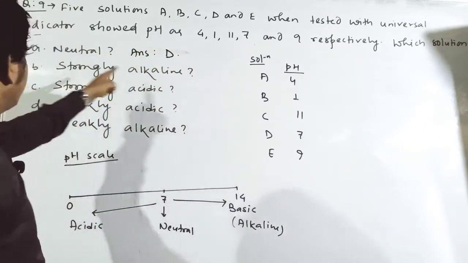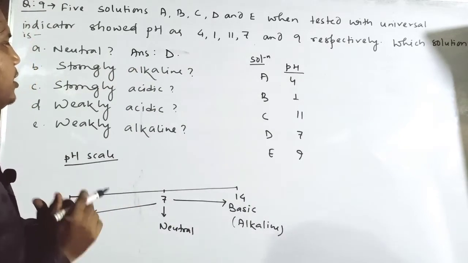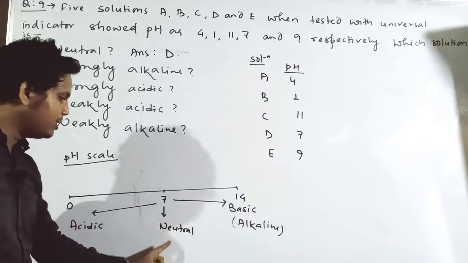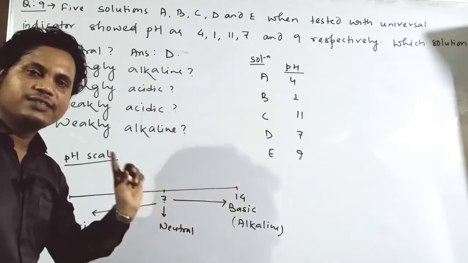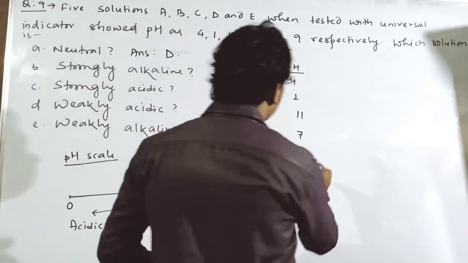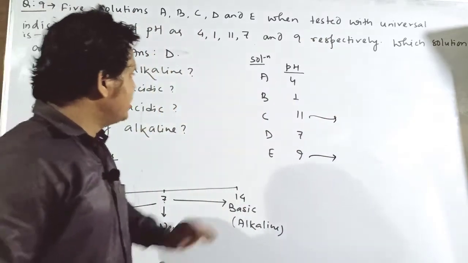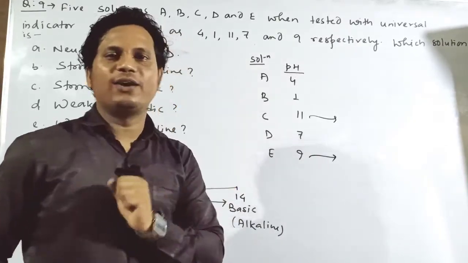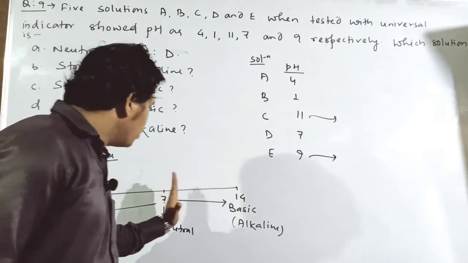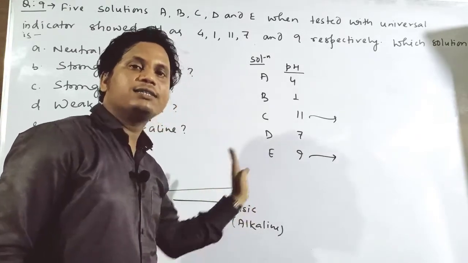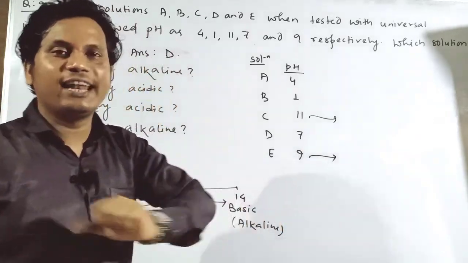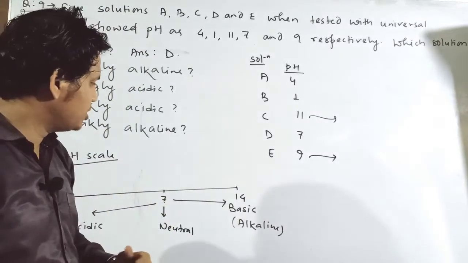Okay. Strongly alkaline. Now see which one is alkaline, having pH more than 7. Which one is more than 7? This and this. So either C or E will be our answer. Now see, the higher the value, the stronger the alkaline or basic nature.